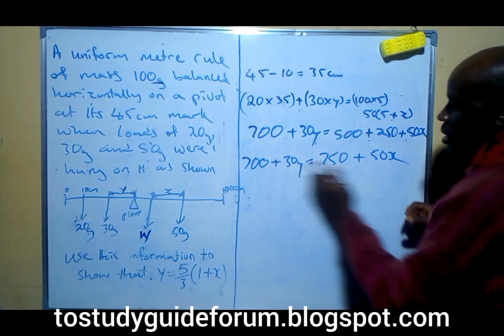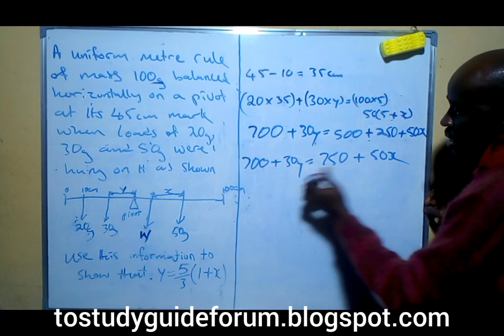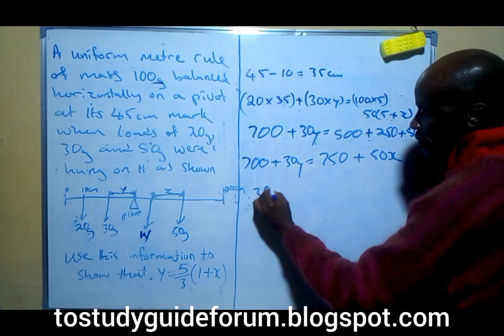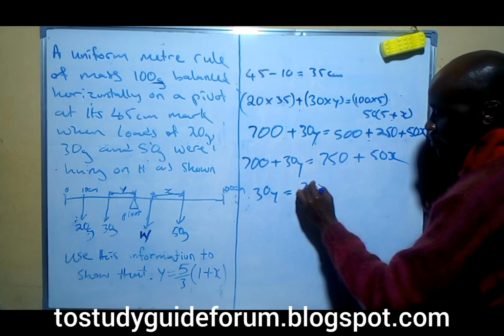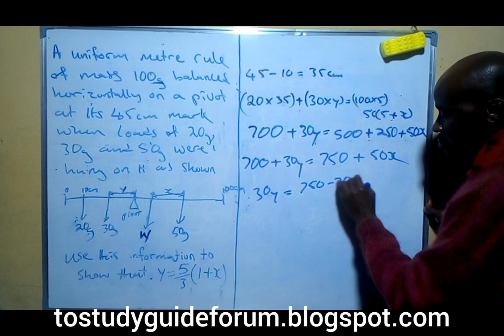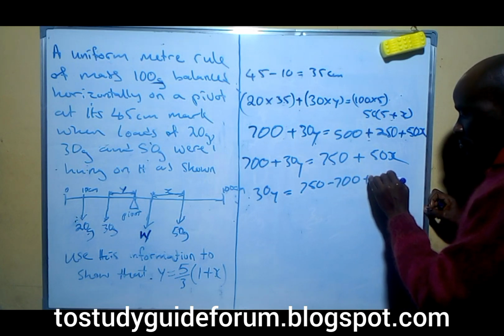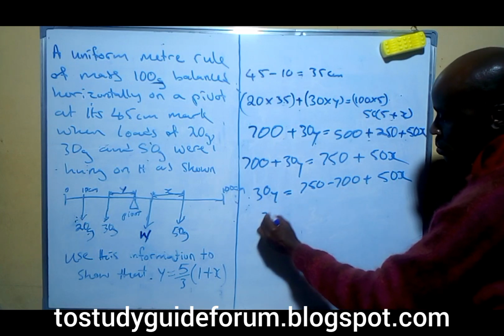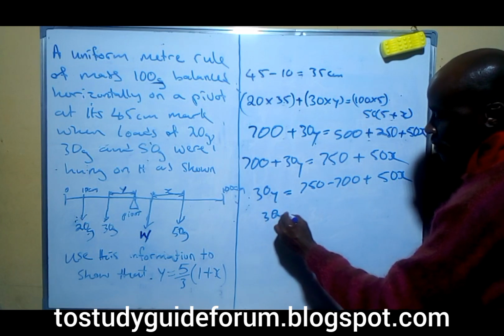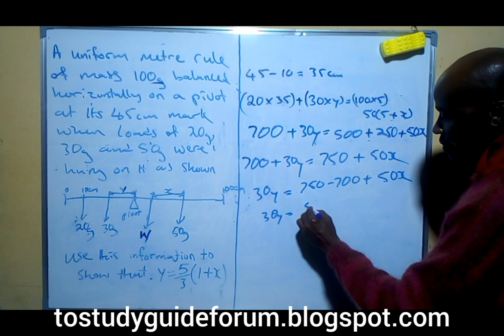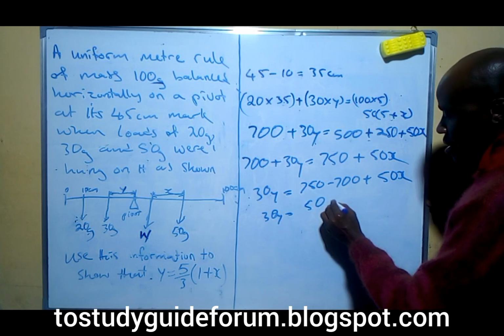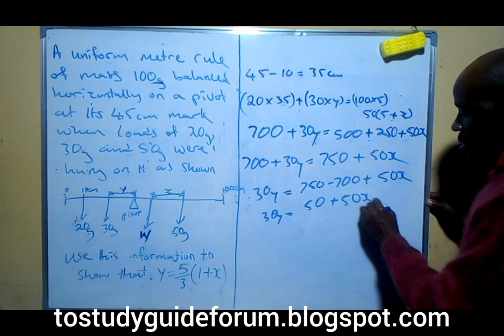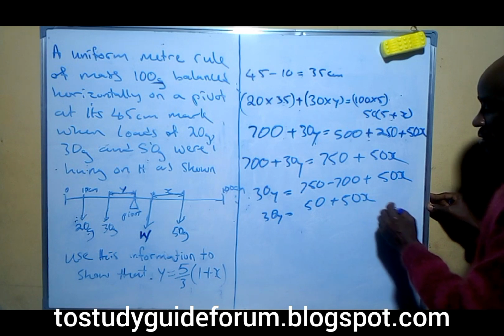so now we can collect like terms and move this over, and you have 30y equal to 50 plus 50x.